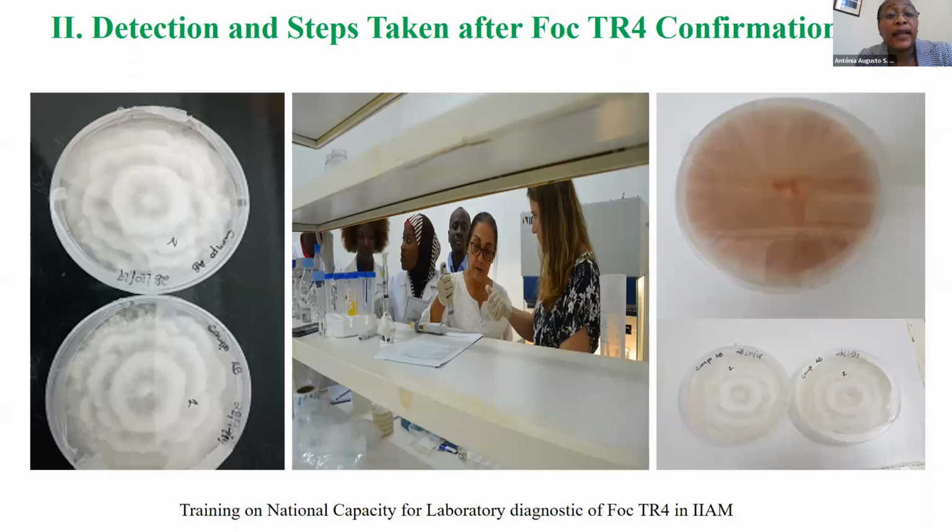Training was also conducted at local level. Specialists on the disease from Stellenbosch University came to our lab in Nampula province and conducted training for the technicians in the lab on diagnostics and characterization of the disease.